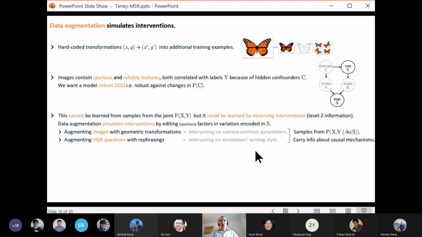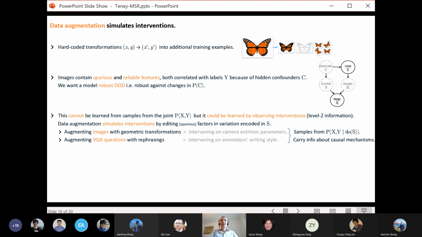From what we've seen before, we know that this cannot be learned only from examples from the joint distribution over X and Y. However, it could be done with information at level 2, like data obtained after interventions, like I said. And this is precisely what data augmentation does.